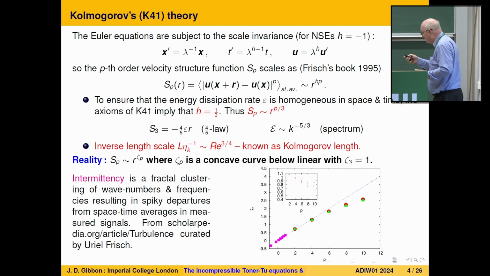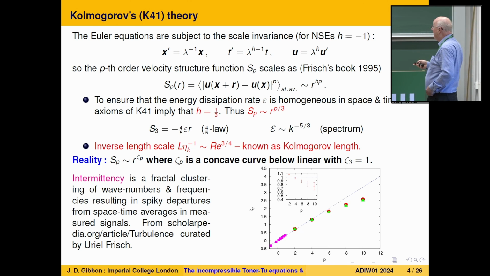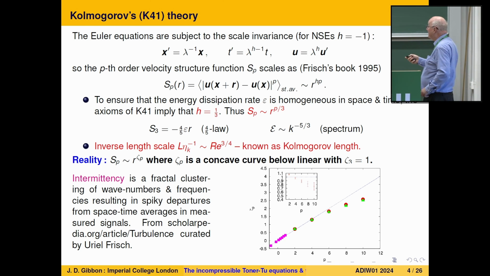So, 2 slides. Kolmogorov's K41 theory that you'll have done in graduate school. It's really based on the Euler equations, which have this scale invariance. And this h is actually free. For Navier-Stokes, it's -1, but for the Euler equations, it's free to vary.